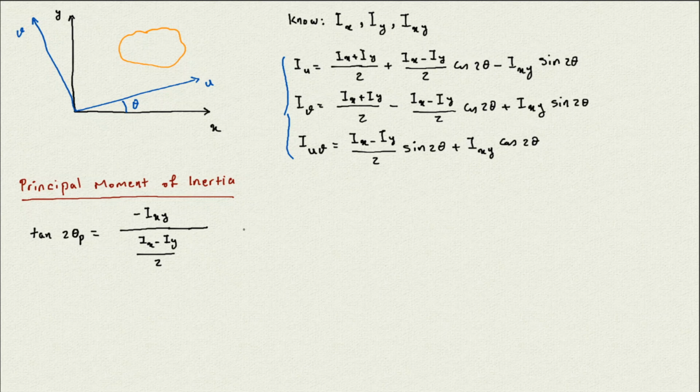So this equation is going to give us theta p1 and theta p2, and these two values are associated with the I max and the I min.